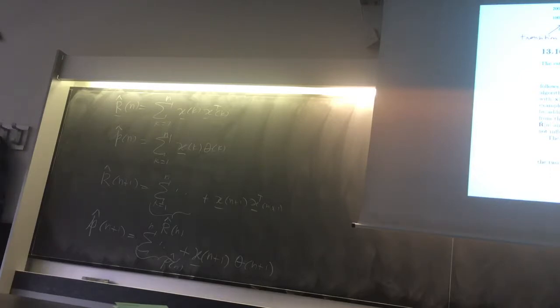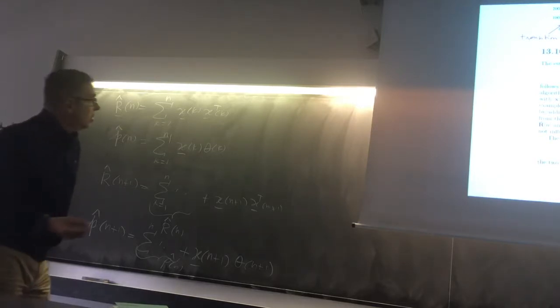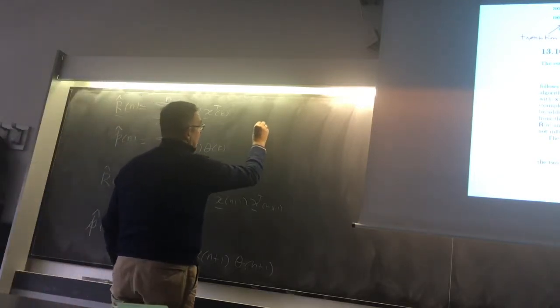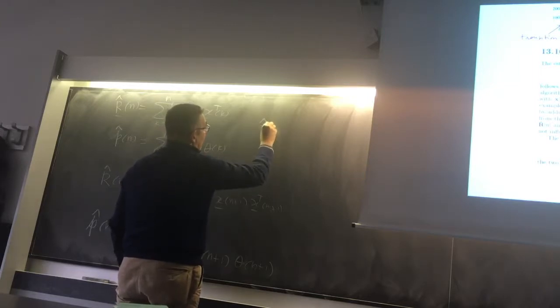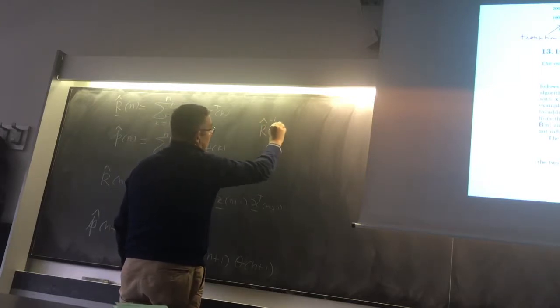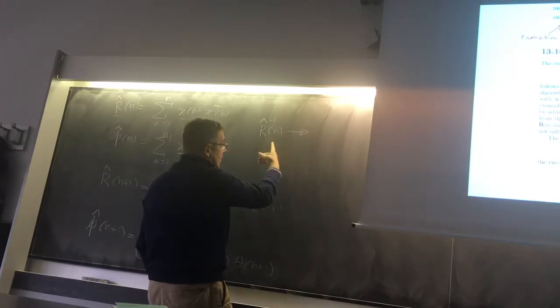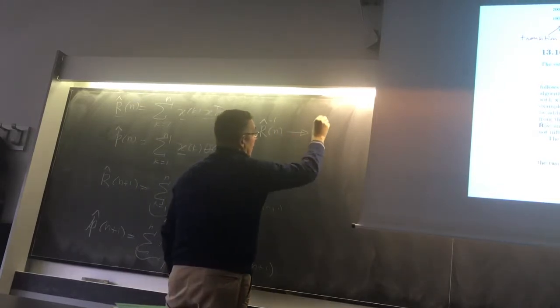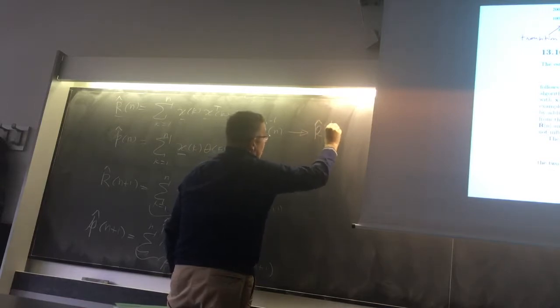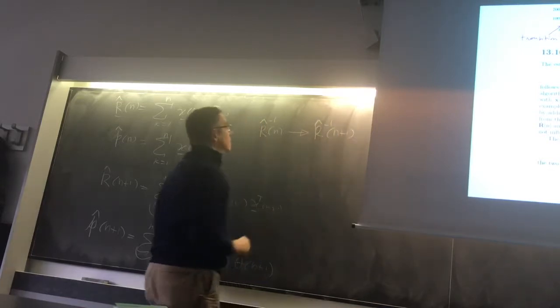Now, what I need to do is find a way to update the inverse. Why? Because I need to go from R hat minus 1 at n to make the update, so from this one I need to calculate R hat minus 1 at n plus 1.